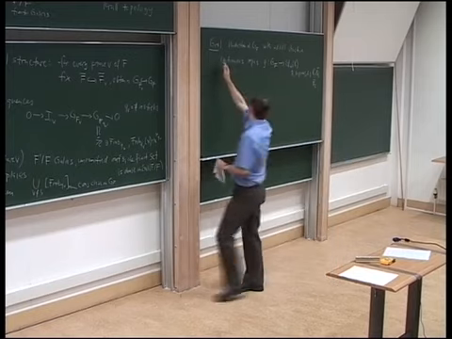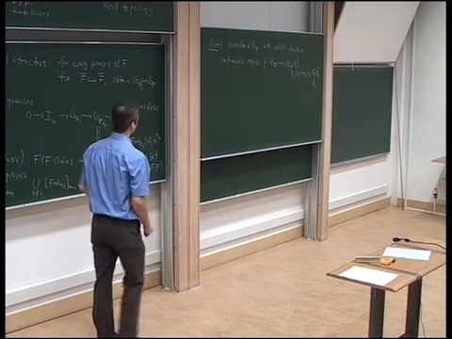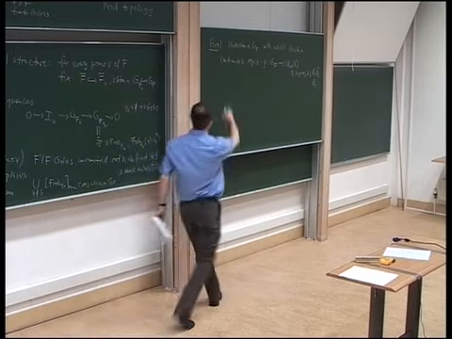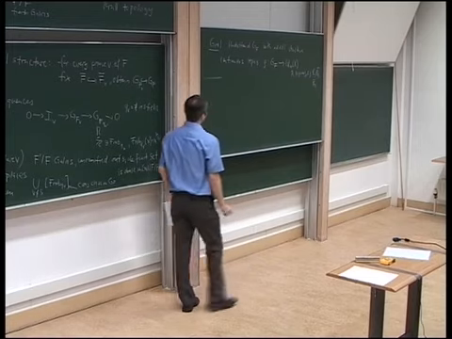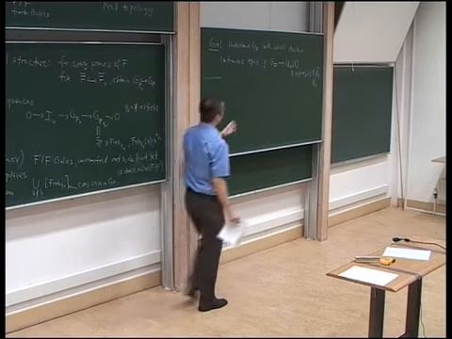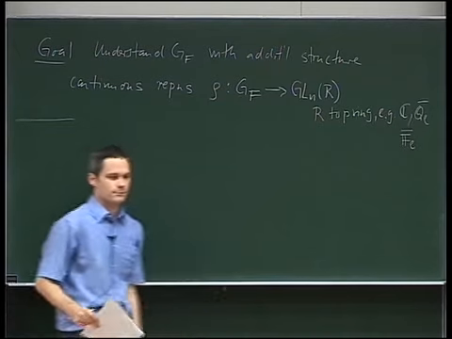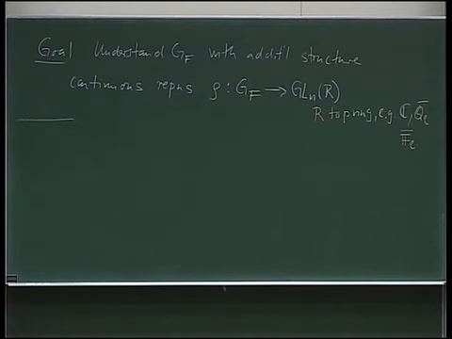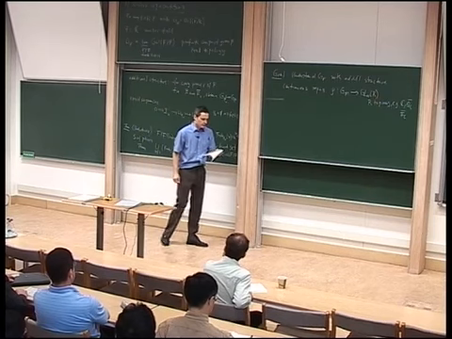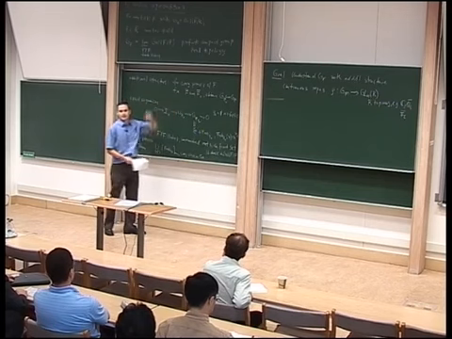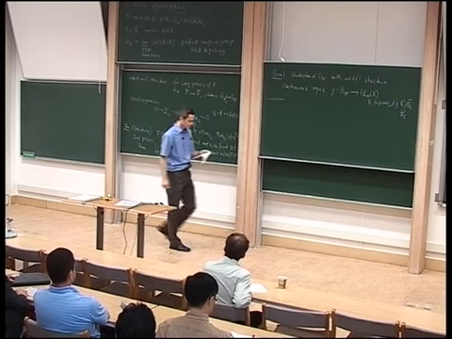So this is the holy grail. If we understood all these for all n's, we'd know quite a lot about the absolute Galois group of Q and of all its finite extensions.